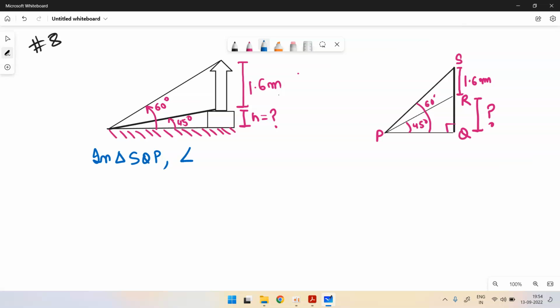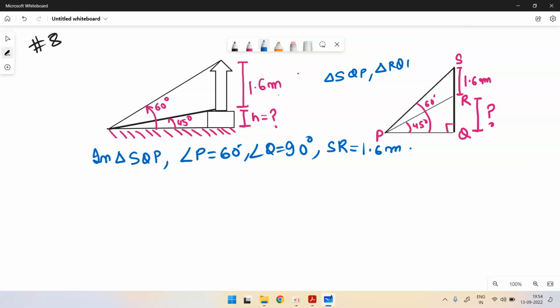What you know is that angle P here is 60 degrees, angle Q is 90 degrees, and SR is 1.6 meters. The common thing in triangle SQP and triangle RQP is the PQ side, which is common to both.